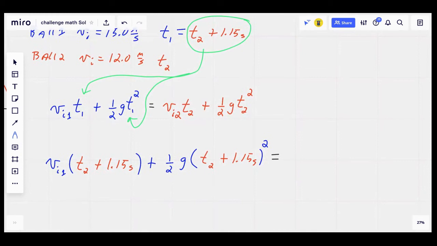That's equal to, this stuff on the right hasn't changed.